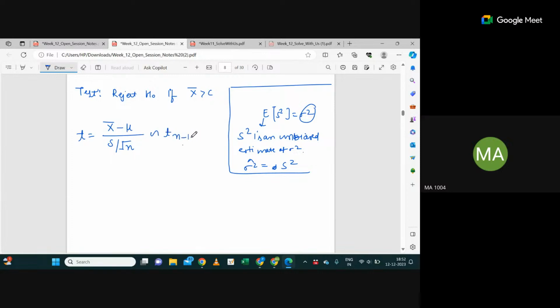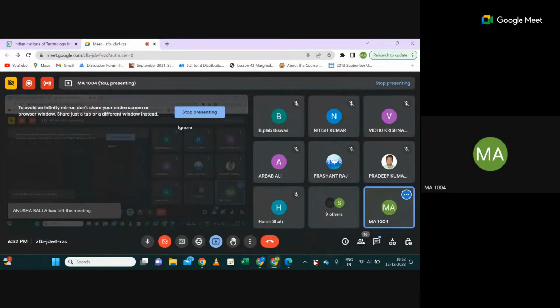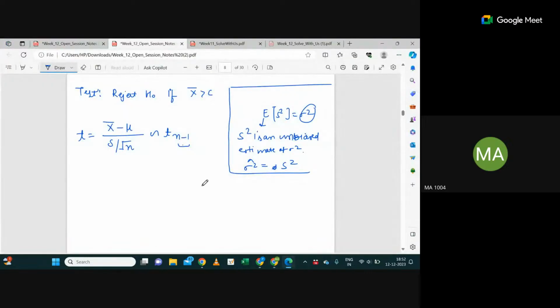For now, you can keep this in mind; we will discuss the degrees of freedom in depth later. Let's focus on the test first. Basically, we use the sample variance rather than sigma, because sigma is unknown to me. The procedure is the same.